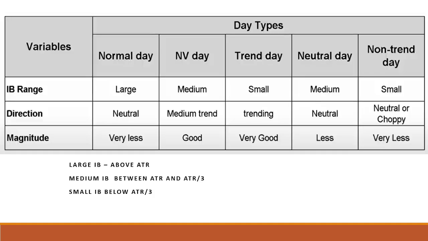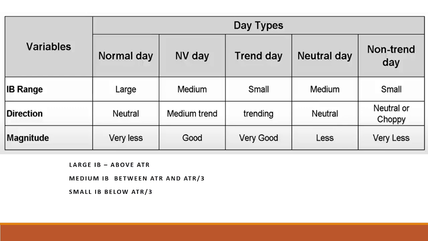Yesterday I forgot to tell one thing regarding how large, medium and small IB is selected. This is based on a YouTuber's video, which is based on Market Profile, Mind Over Markets. Large IB means we should take the ATR, the average true range. If we consider Nifty, yesterday's ATR was around 197.